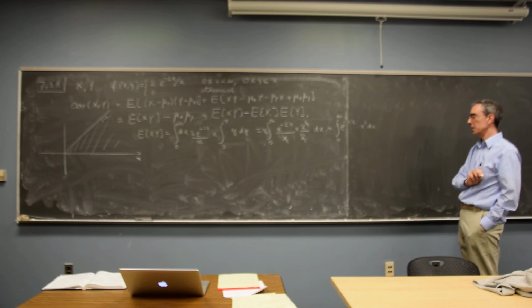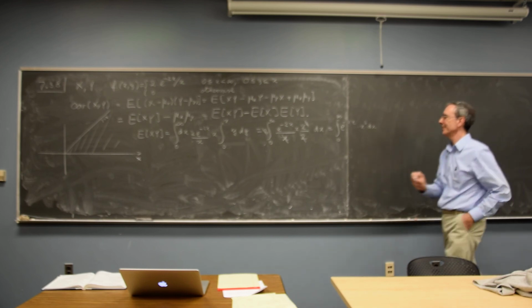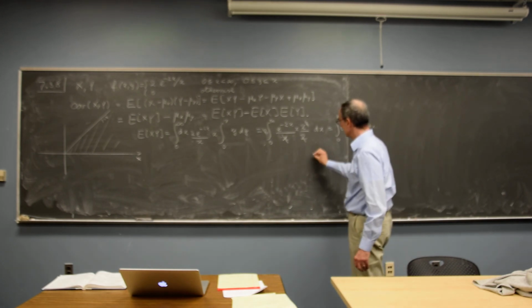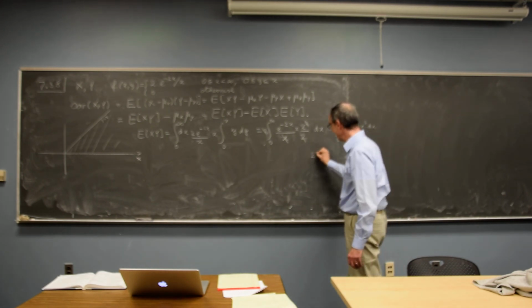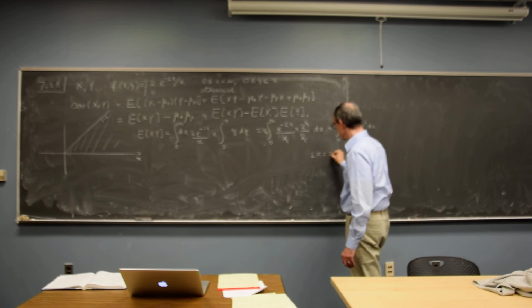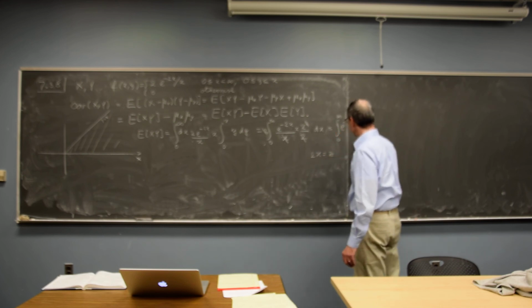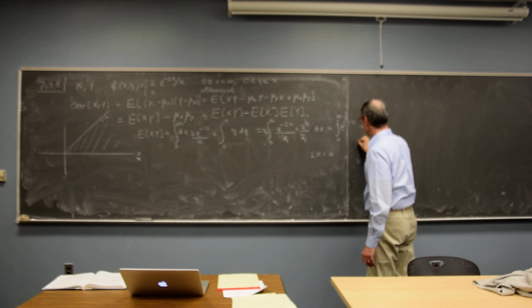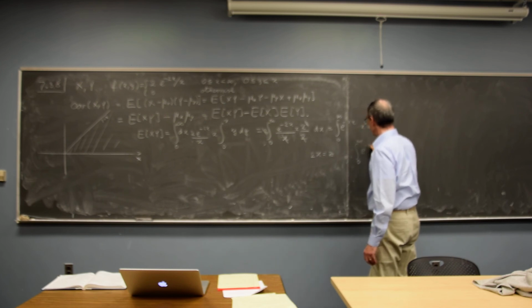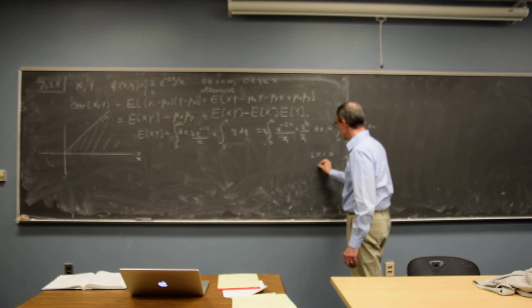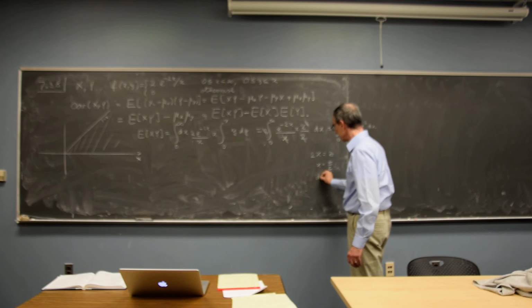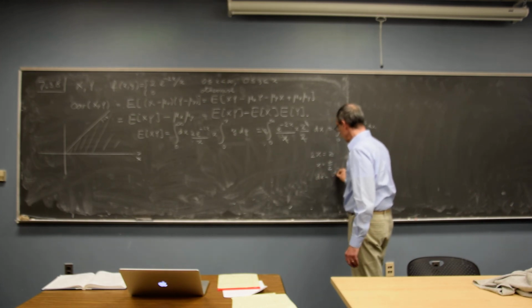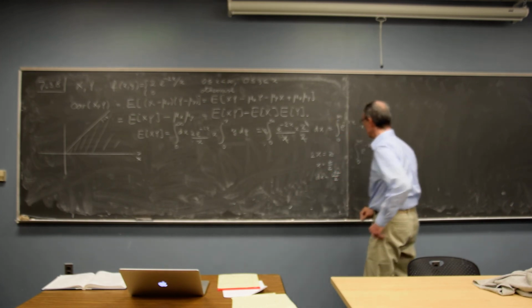Then there is this nasty integral. I use a change of variables. This integral becomes the integral from 0 to infinity of e to the minus z, where x is equal to z over 2 and dx is equal to dz over 2.